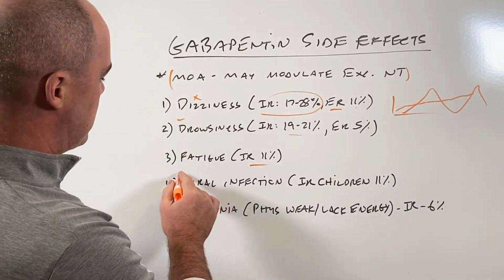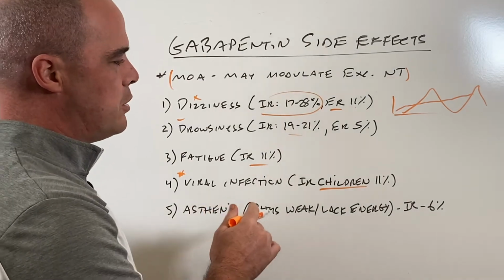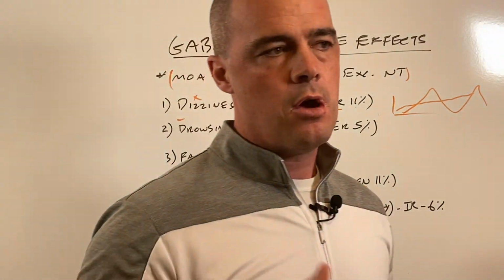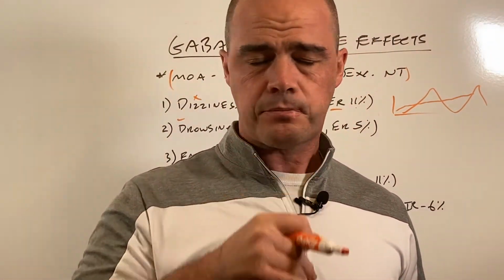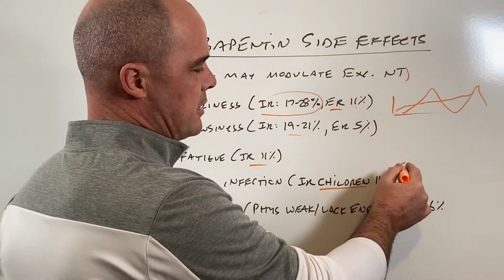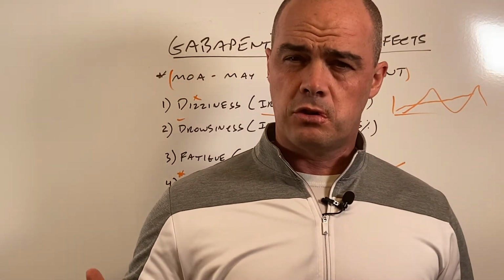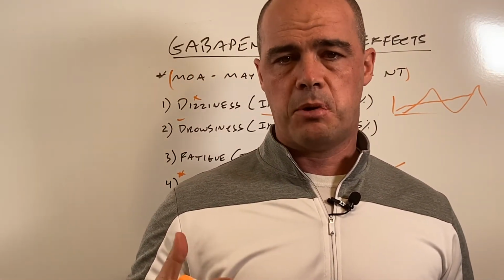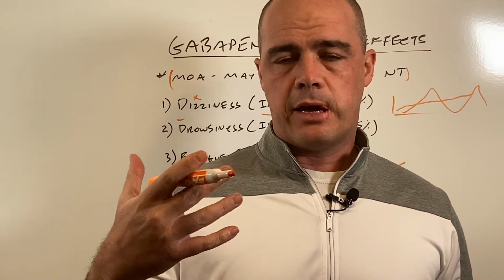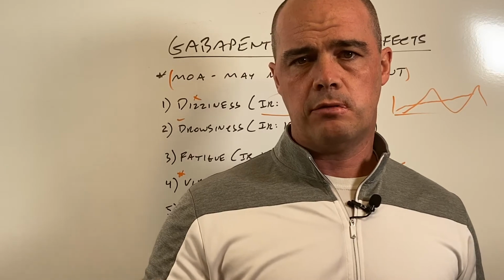This one is interesting. They did notice that in kids, they saw an increase in viral infections. One of the theories behind that is they studied this in kids who had epilepsy, who sometimes are just sicker overall, and so they postulate, they were kind of guessing, that may be contributing to the increase they saw in viral infections.